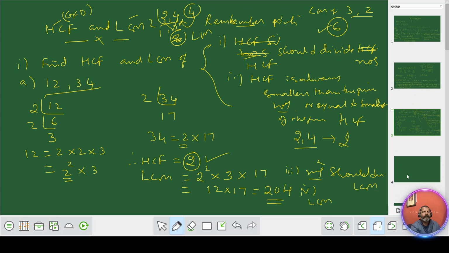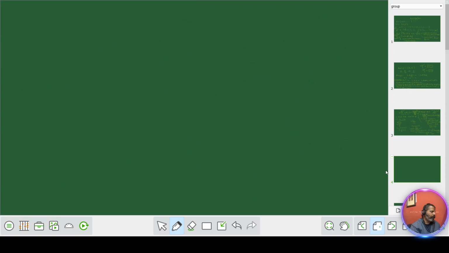We'll take one more example, where three numbers are given. How do you find the LCM and HCF of 8, 32, 24?